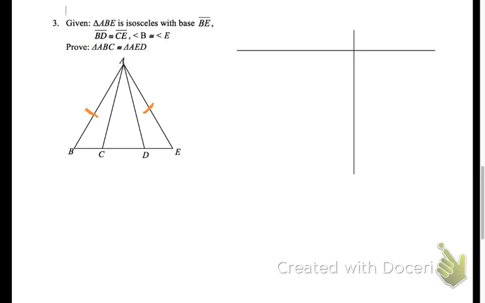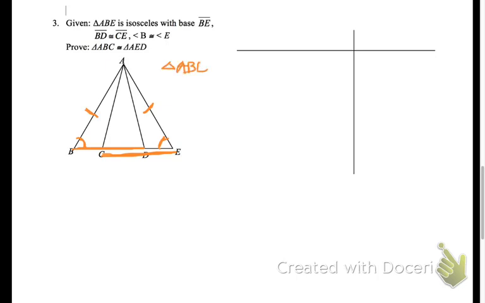Side BD, that's this segment here, segment BD is congruent to segment CE. These two segments are congruent, okay? And then angle B is congruent to angle E. So let's see if we can put this together in a proof to show that triangle ABC is congruent to triangle AED.